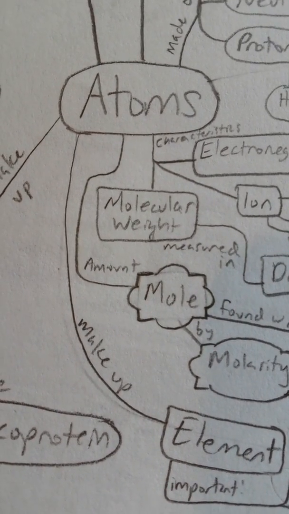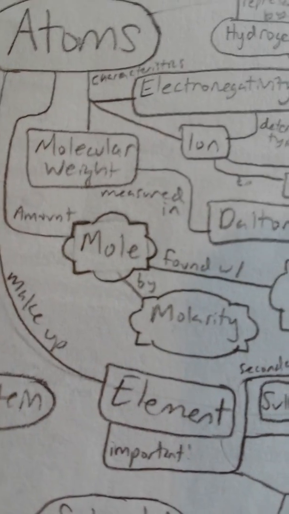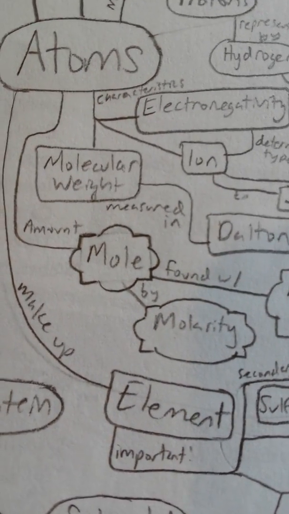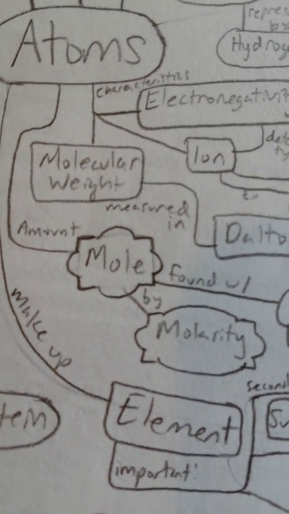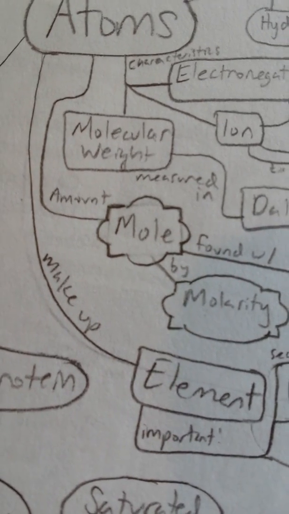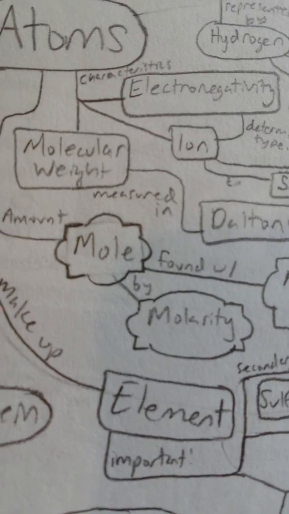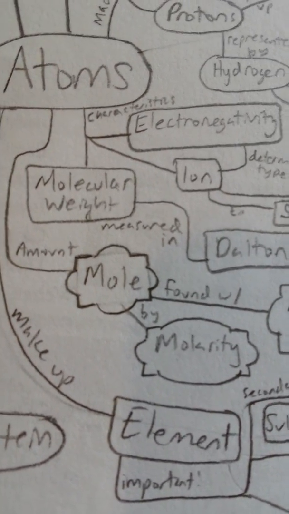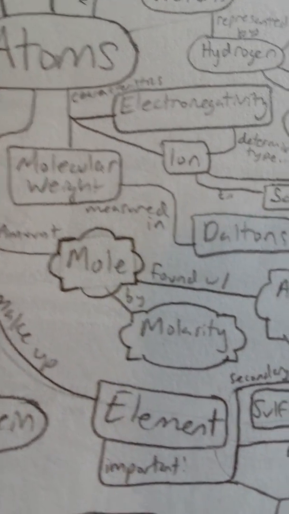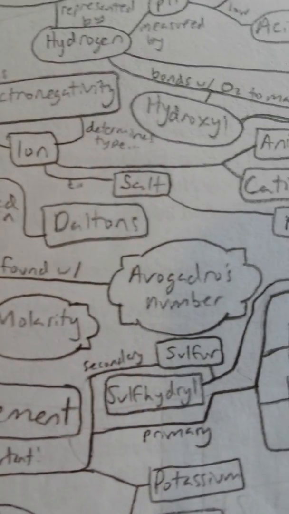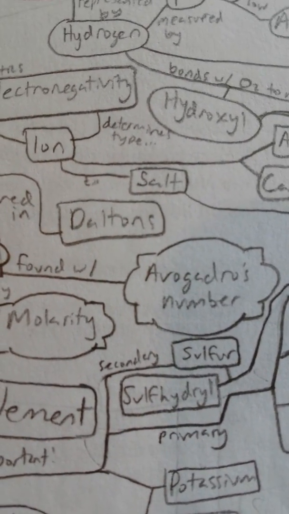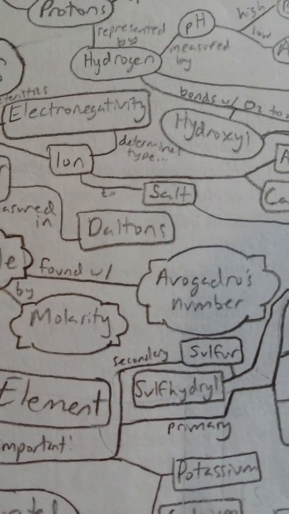Now, atoms are measured in moles. To find the molarity, you would find the number of moles divided by the volume, and the number of moles is found with Avogadro's number, which is 6.022 times 10 to the 23rd power.